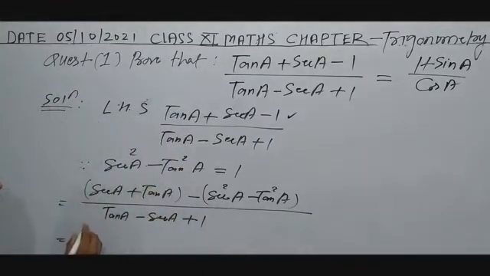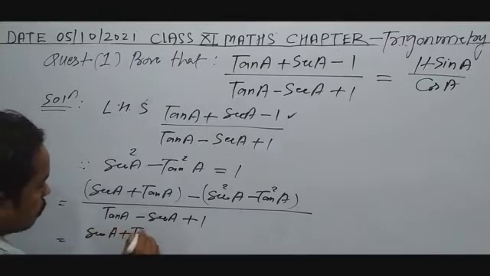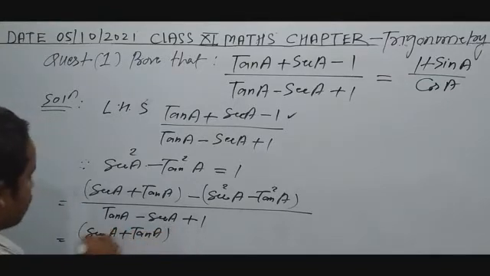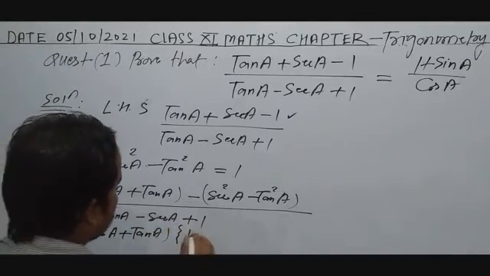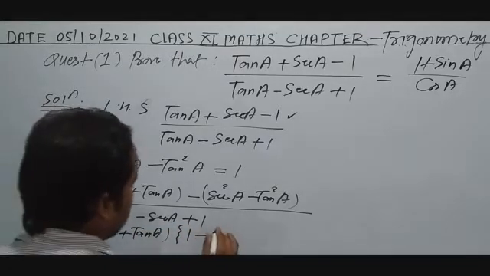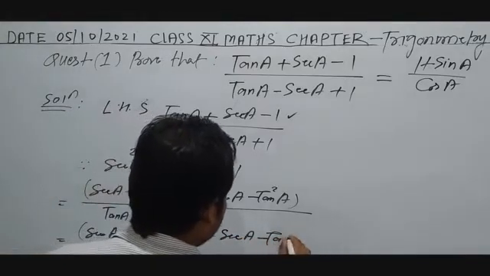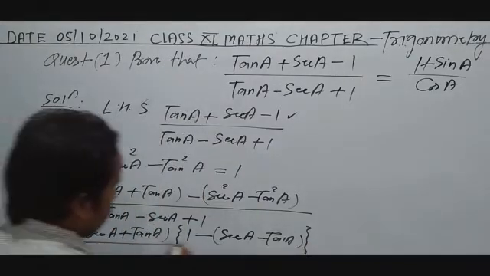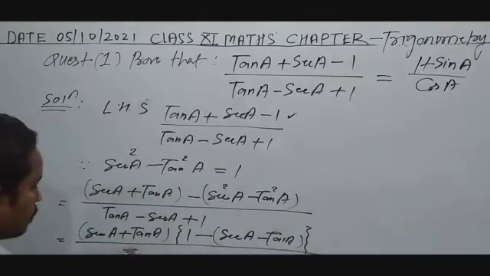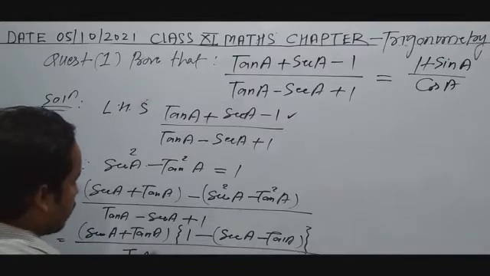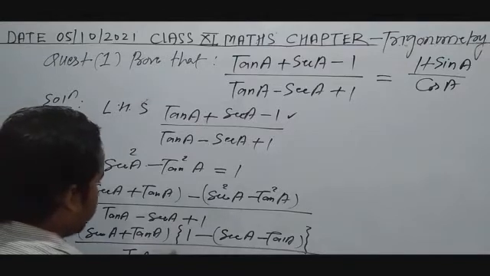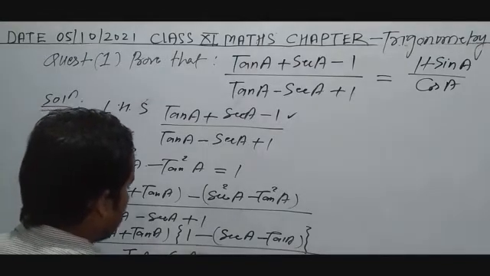Now sec a plus tan a is common from the numerator, then the result will be (sec a plus tan a) into (1 minus sec a plus tan a)... that is, 1 minus (sec a minus tan a), whole upon tan a minus sec a plus 1.